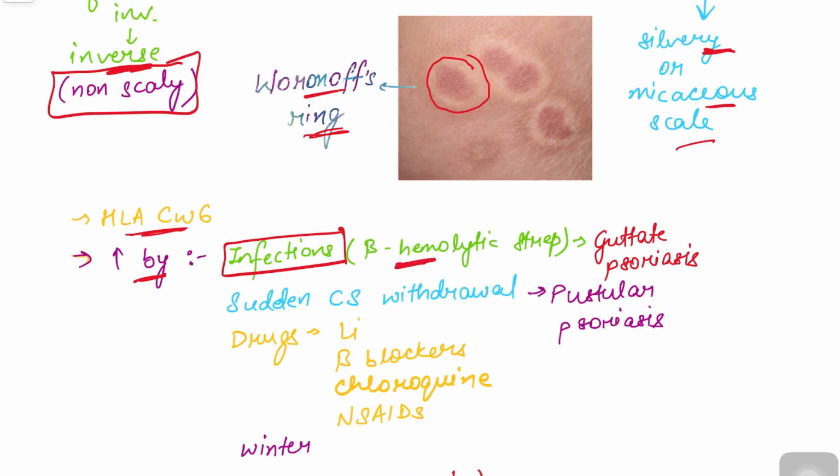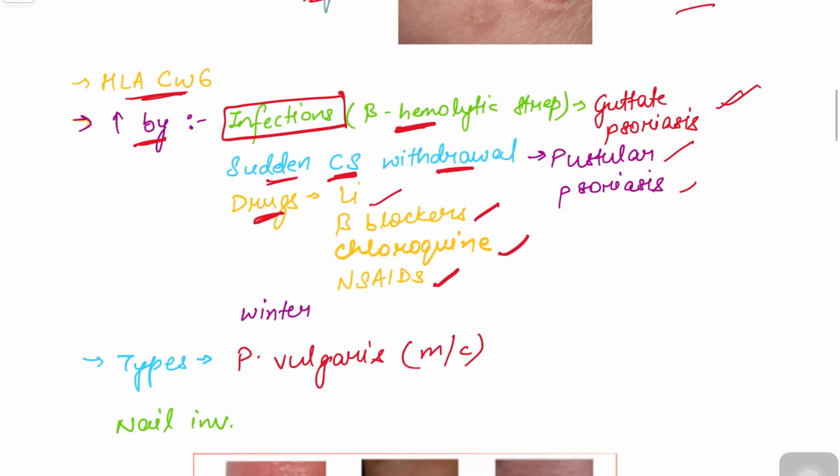Most important to remember is beta hemolytic streptococci, which causes guttate psoriasis in children. Then sudden corticosteroid withdrawal, which can be both topical or systemic, can lead to pustular psoriasis. Drugs such as lithium, beta blockers, chloroquine and NSAIDs can also cause psoriasis. Also, there is characteristically always a history of winter exacerbations in these patients.